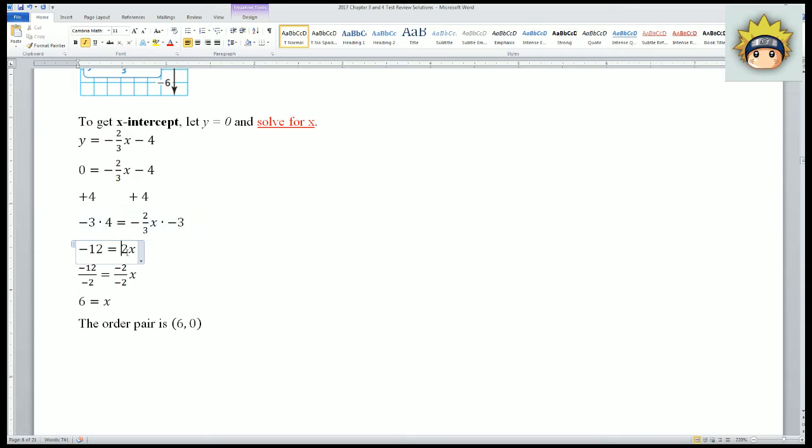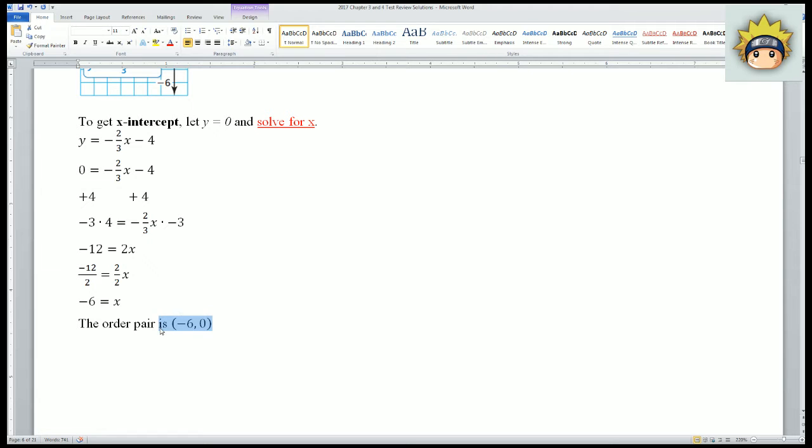Once you multiply by -3, this becomes positive and this becomes negative. Okay, here there should be a -6, and there should be a -6, right? Good. Then I divide both sides by 2. On the left-hand side, -12 divided by 2 is -6. That is equal to x.